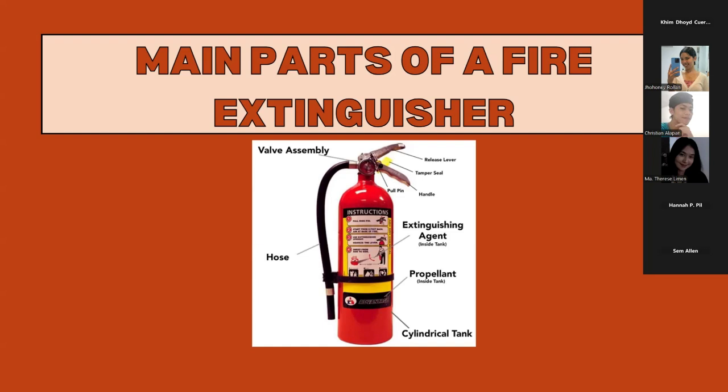There are different types of extinguishing agents designed to combat fire, like water, foam, dry powder, carbon dioxide, and so on. And lastly is the hose. It serves to direct and control the flow of extinguishing agent from the cylinder to the fire. Next slide, please.